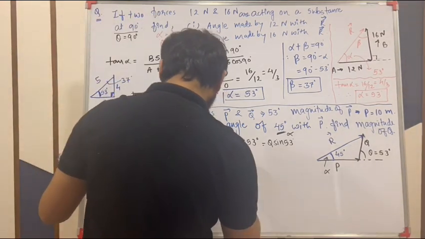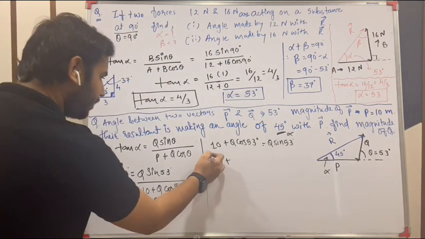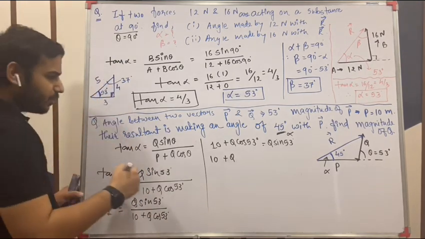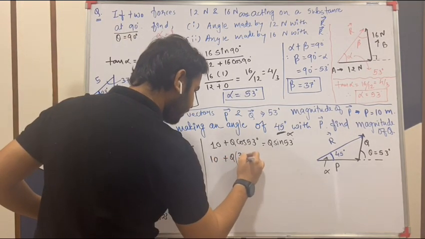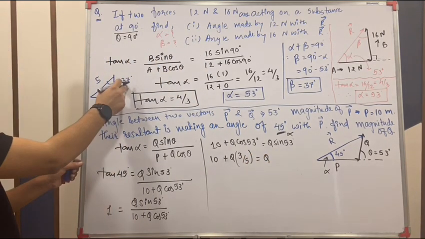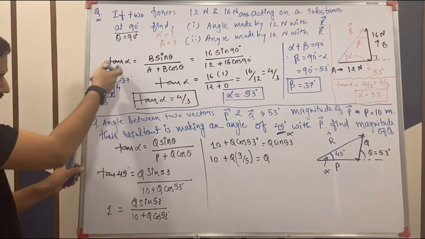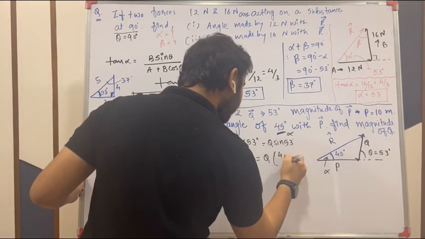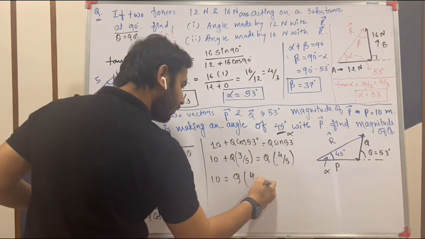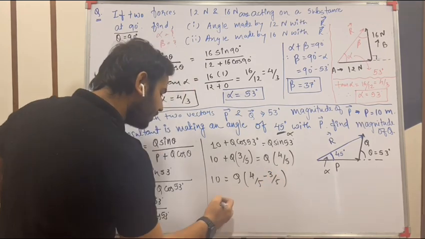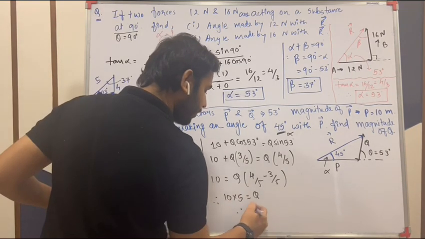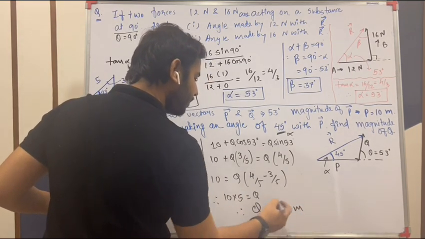I can write 10 plus Q times 3 by 5 is equal to Q sin 53. What is sin 53? Opposite is 4, hypotenuse is 5, so 4 upon 5. Therefore 10 is equal to Q common, 4 by 5 minus 3 by 5, which is 1 by 5. 10 into 5 is equal to Q, and therefore Q is equal to 50 meter.